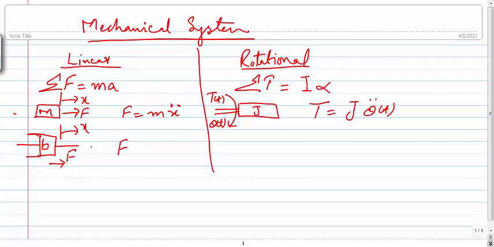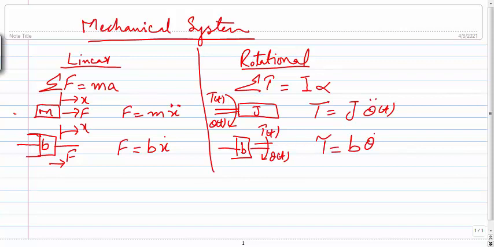In that case the damper is related with the velocity, so it becomes B times x dot. If a damper is connected with some rotating component, with the torque and theta, then the torque is equal to B times theta dot of t in rotational motion.